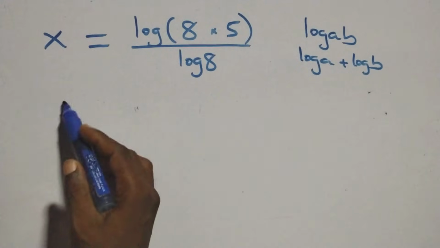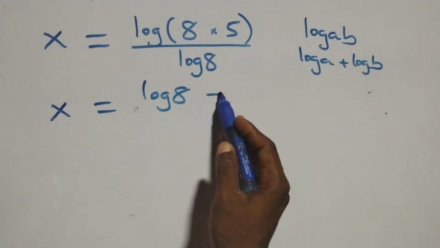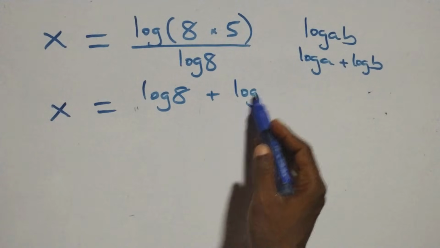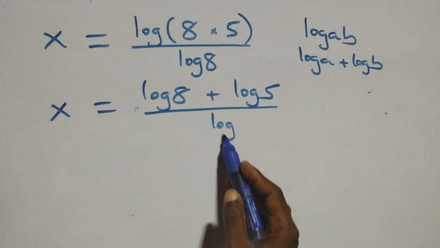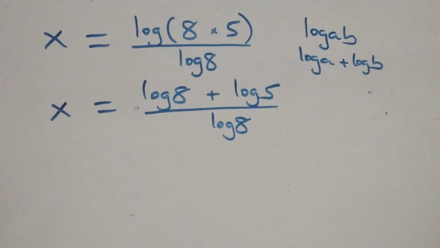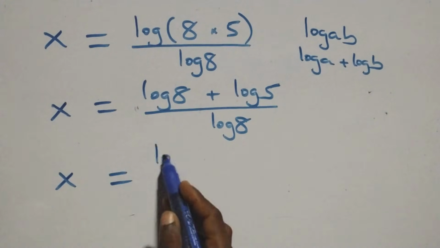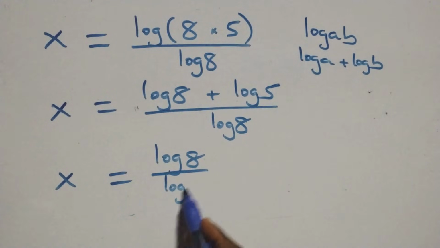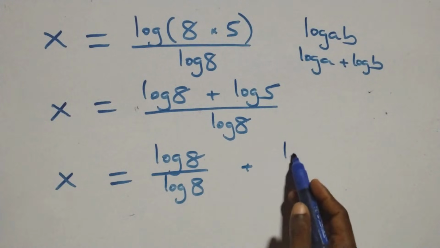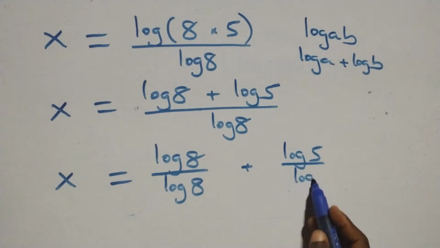So x equals log 8 plus log 5 over log 8. We separate this into two fractions: x equals log 8 over log 8 plus log 5 over log 8.